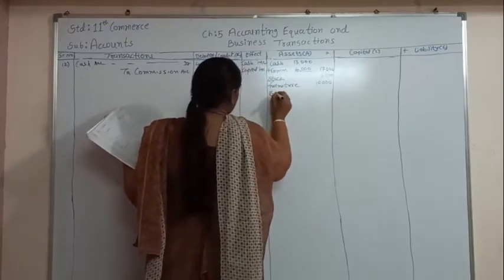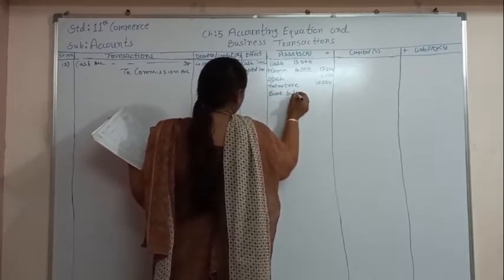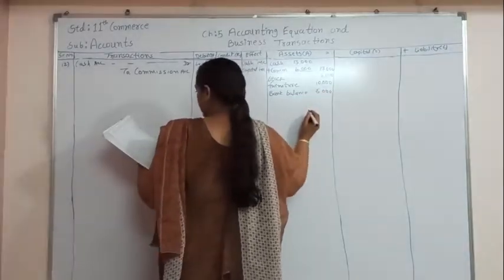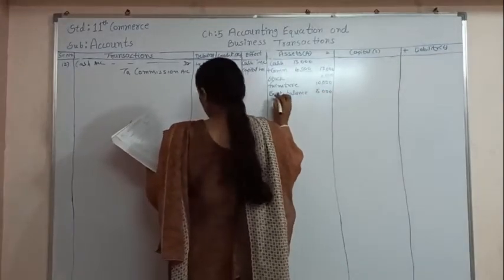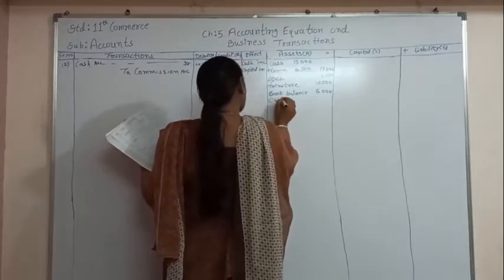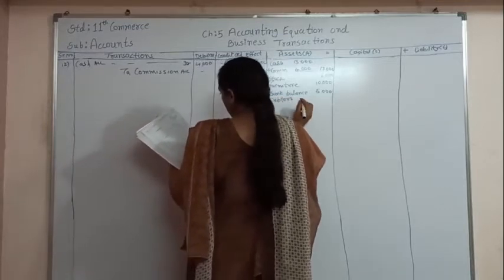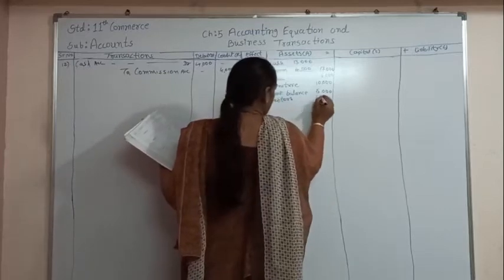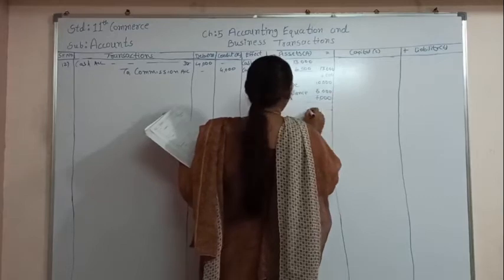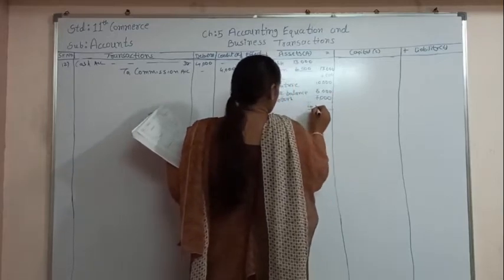Bank balance is of rupees 5,000. Then debtors. So debtors is of rupees 7,000. So here the total of this will be 45,000.